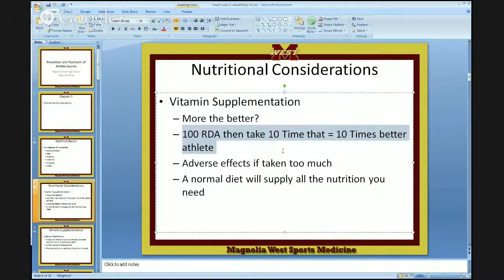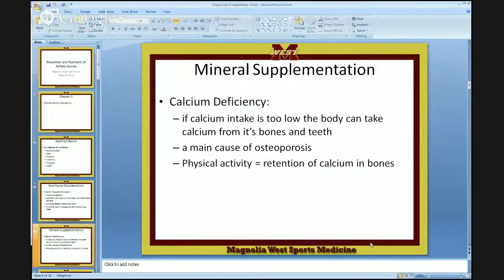If you take 100% or 100 times the recommended daily allowance, or if you take 10 times of that, so it's 1,000, does that mean that you're going to be 10 times a better athlete? Are there adverse effects of taking too many vitamins? Can that happen? And also, since you're in the United States, will a normal diet supply all the nutrition you need? Slide 5.